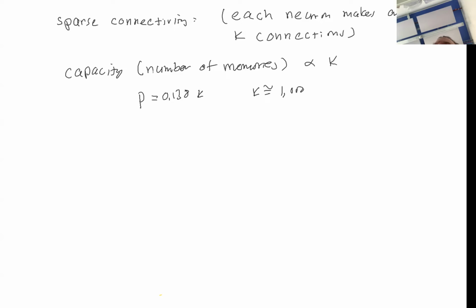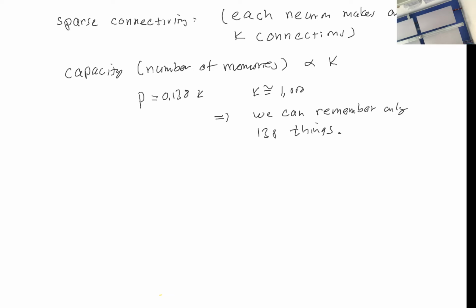And that implies we can only remember 138 things. Okay, which is not very many, and far too low to explain the actual capacity that we have. So this is a problem, right?